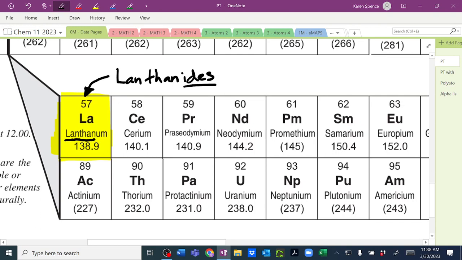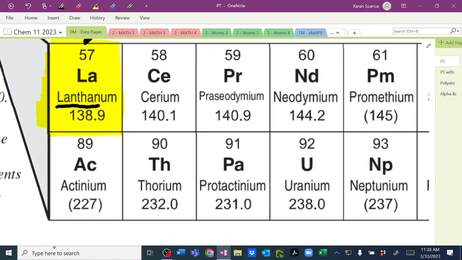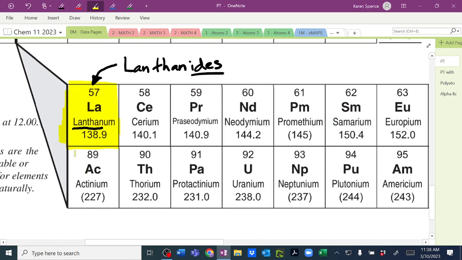So if you want to write that on your periodic table and point that out to yourself, you can do that. Can you guess, looking at the name of number 89 here, what that row is called? Okay, so once again, you're going to pronounce it. What's the first syllable?